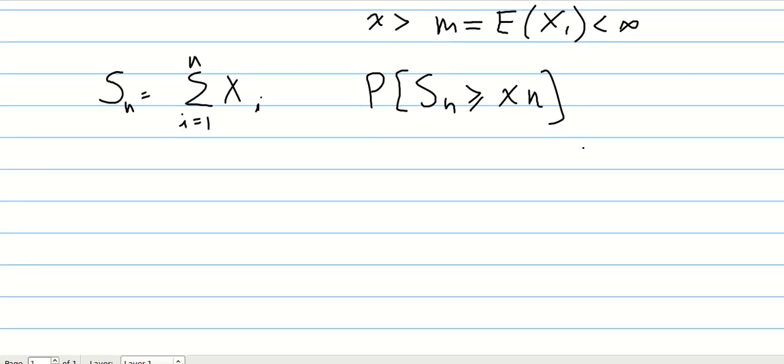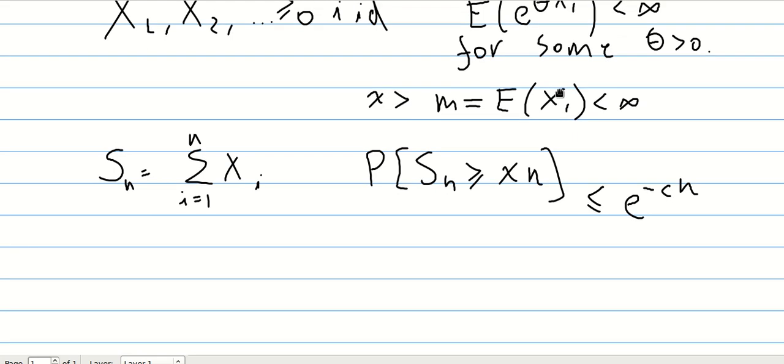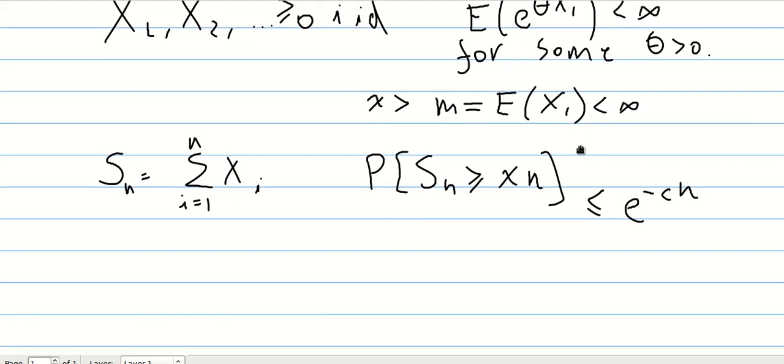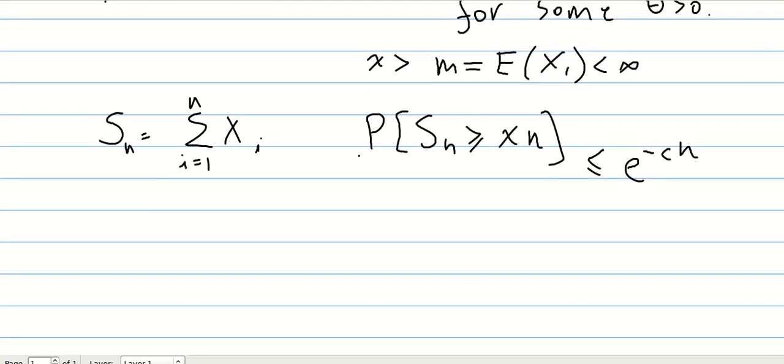And what we saw is that this probability decays with some exponential rate in n, if we have this moment condition here. And in some cases, in actually most cases, it also has a lower bound of the same type.